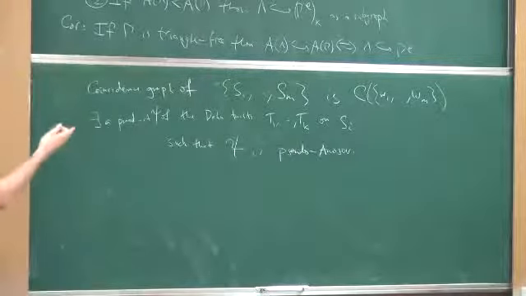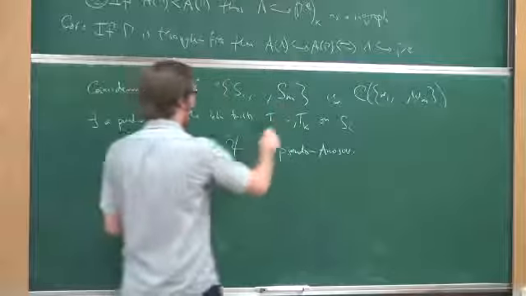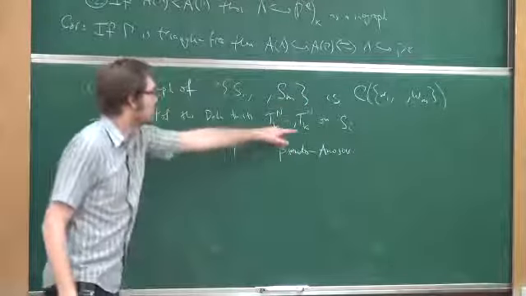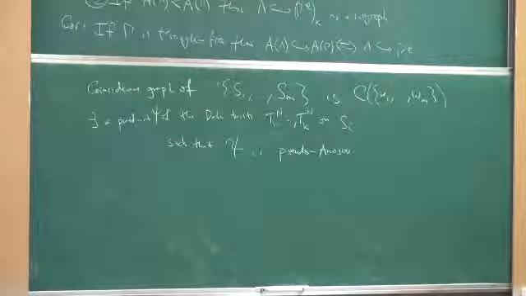And this remains true if I take any powers here. So I can assume that these powers of these Dehn twists are actually my vertices, or some vertices of the graph gamma.